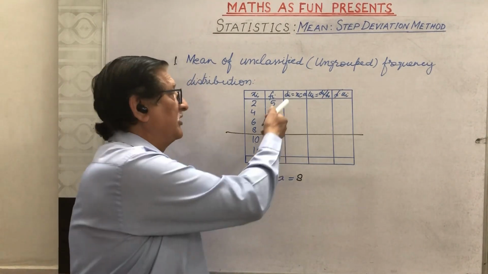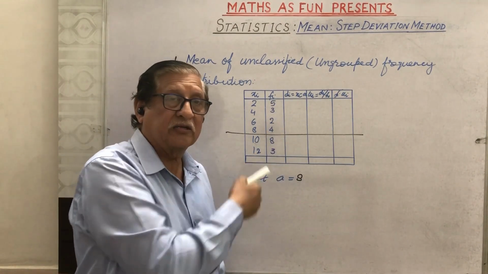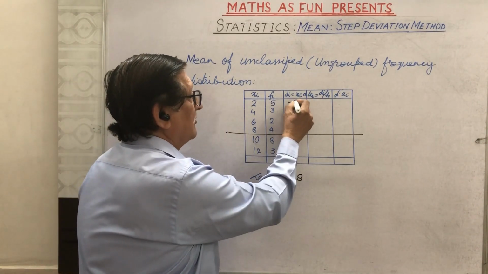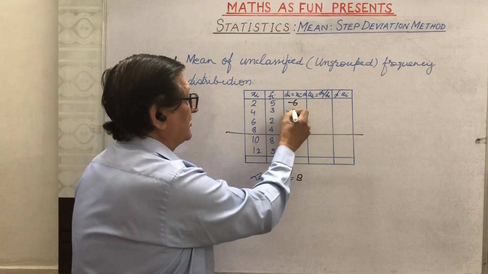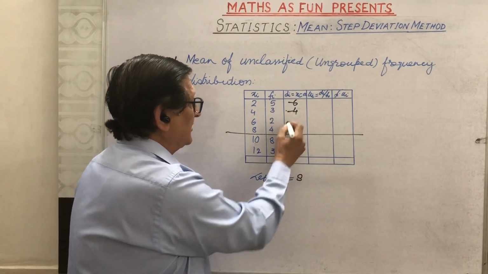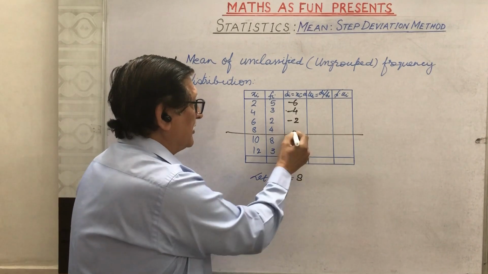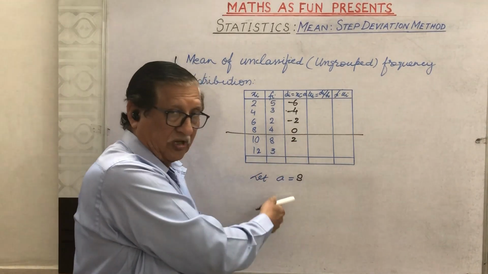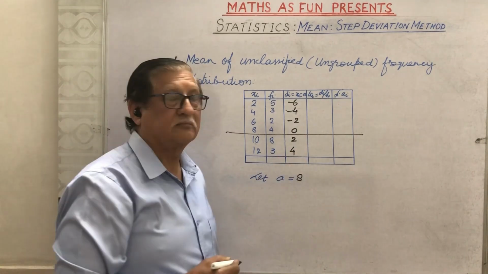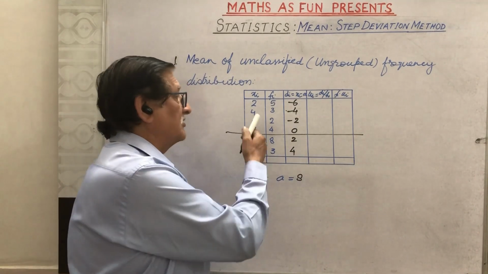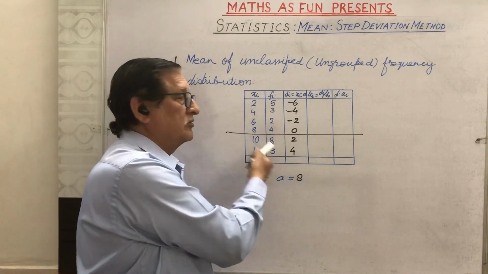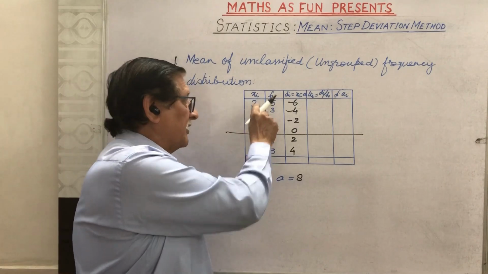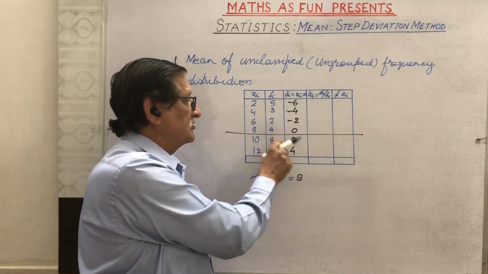Then we know that we have to find the deviation di, and that is xi minus a. Here it is 2 minus 8, minus 6; 4 minus 8, minus 4; 6 minus 8, minus 2; 8 minus 8, 0; 10 minus 8, 2; 12 minus 8, 4. Now we take some number as h. As I told you, either it is the class interval in case of a classified distribution, or in case of unclassified this may be the HCF of these numbers.